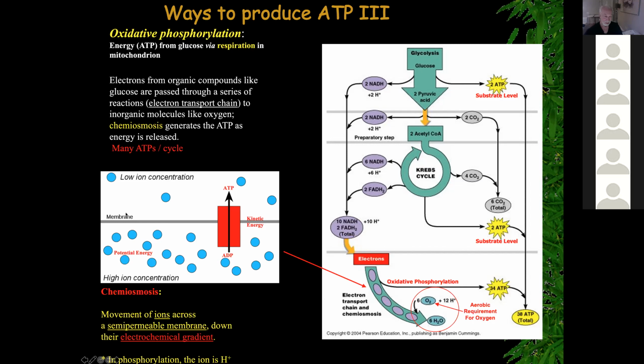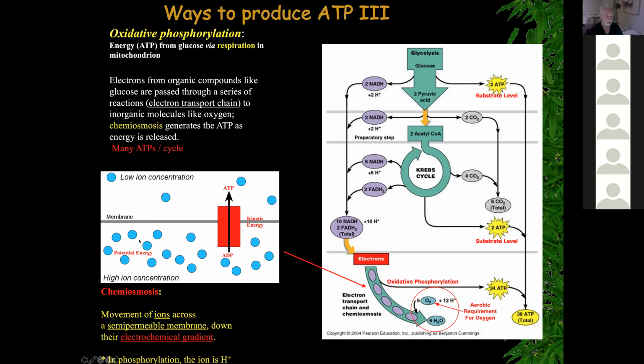And I've got a diagram here that you've seen before, which illustrates chemiosmosis. So at the end of electron transport, the electrons are in the membrane, moving along, losing energy, and they're generating protons on one side of the membrane. So there's a proton gradient. You saw this in the video that I showed you earlier.